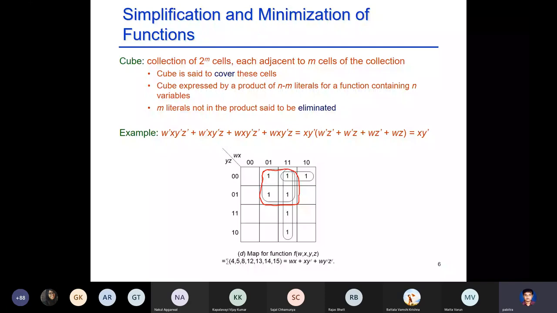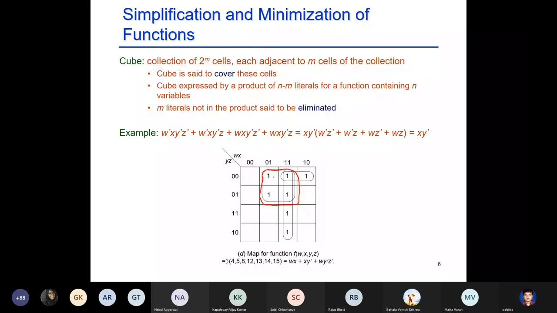You cannot have a 6-sized cube. You cannot have a 7-sized cube. The cube has to be of this size. So basically, this is a valid cube because it has 2 elements. This is a valid cube because it has 4 elements. This is a valid cube because it has 4 elements. But this is not a valid cube because it has 3 elements. So the cube has to be a power of 2.